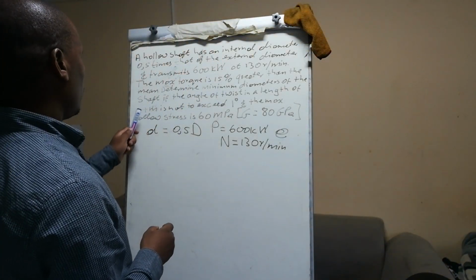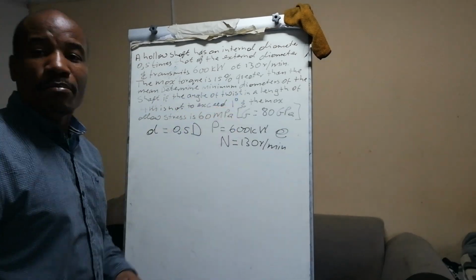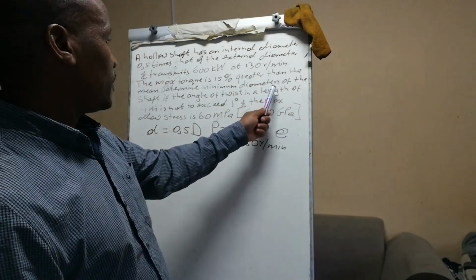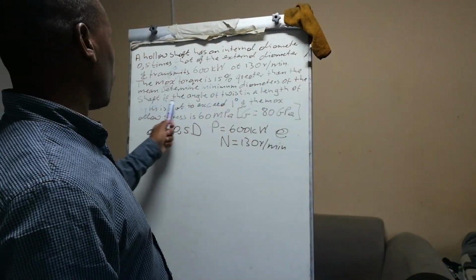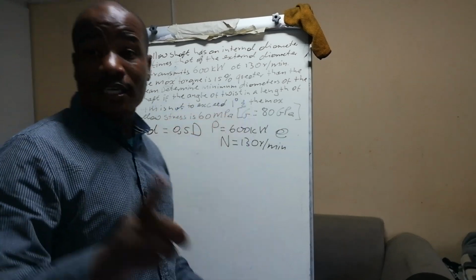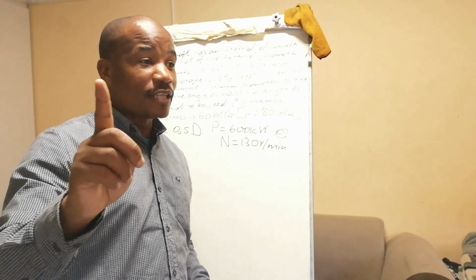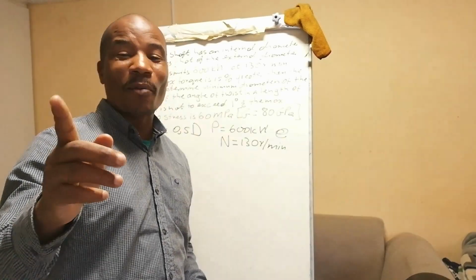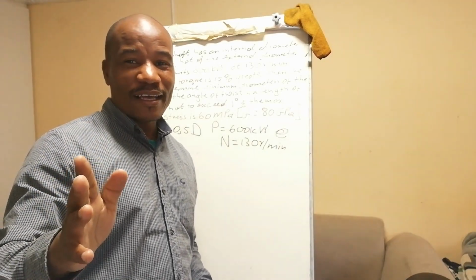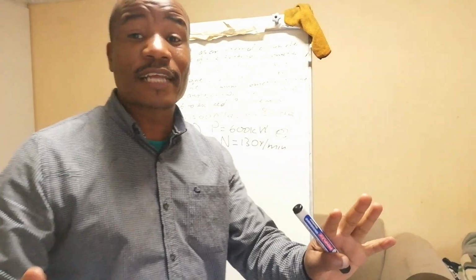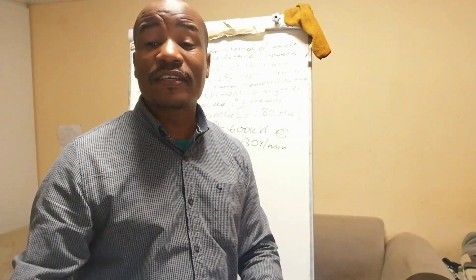Determine the minimum diameters of the shaft, if the angle of twist, that's very crucial, and that's where everyone got it completely wrong. They got the correct answers, but they didn't finish.